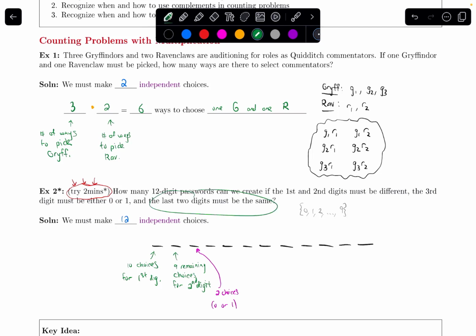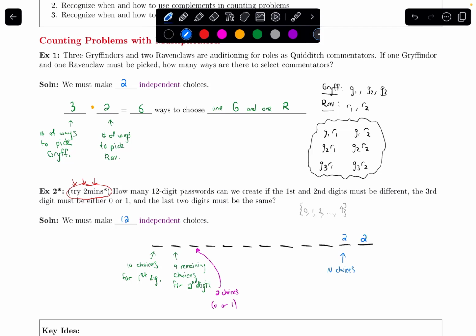The last 2 digits have to be the same. So if I focus on those last 2, and think about the second to last one first, there are no restrictions on that. So there are 10 choices for this. It could be any one of the digits between 0 and 9. But once I pick that digit, for example, if this was the digit 2, the last digit is fixed. It's got to match that.